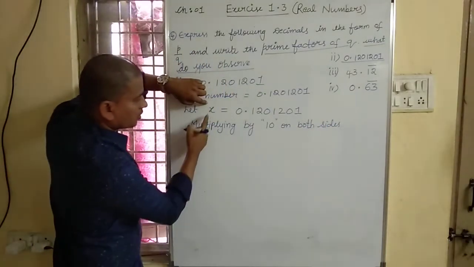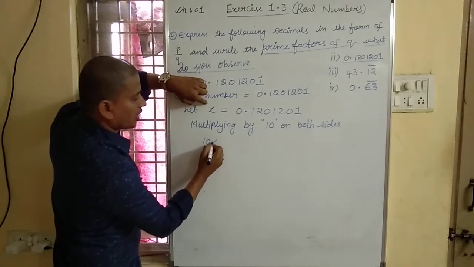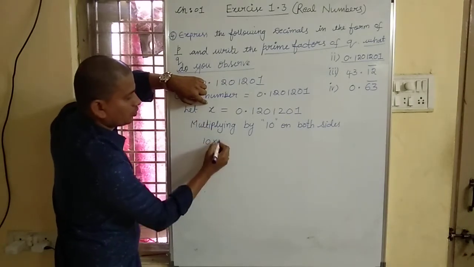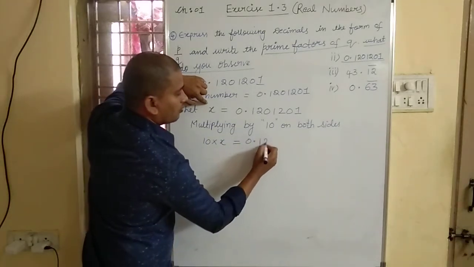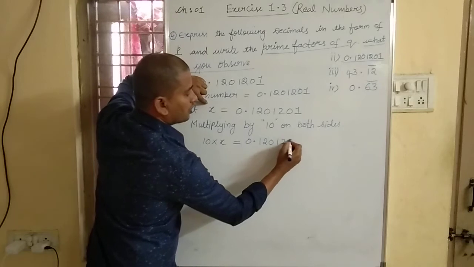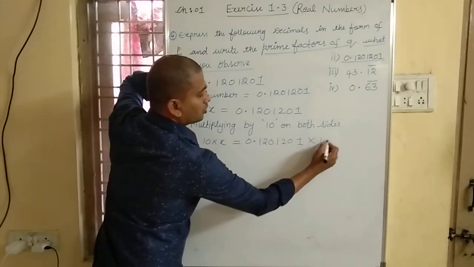So what will happen? If you multiply 10 on both sides, I mean 10 into x is equal to 0.120120 into 10.